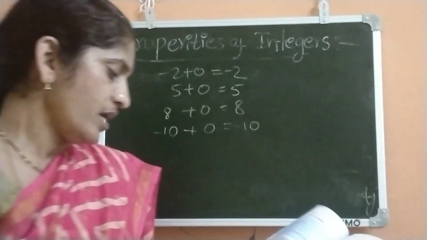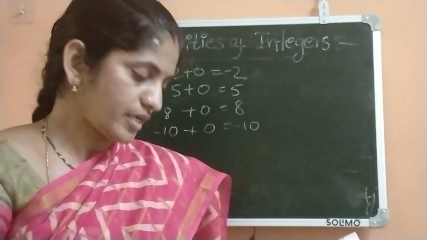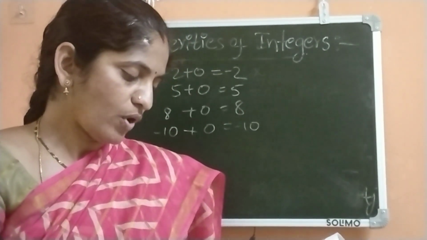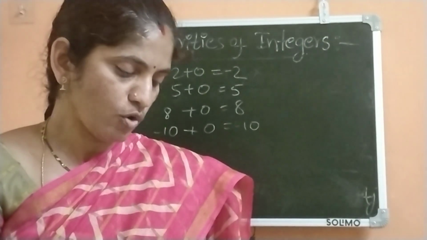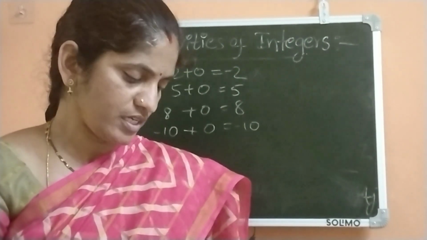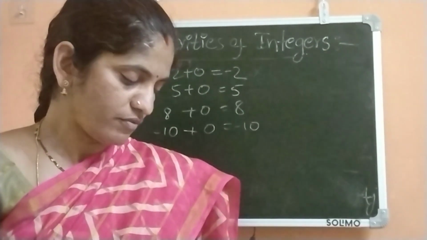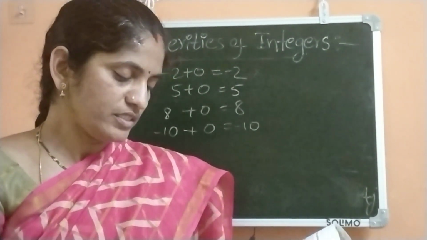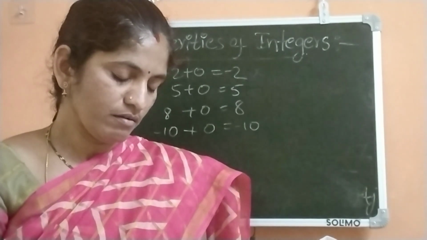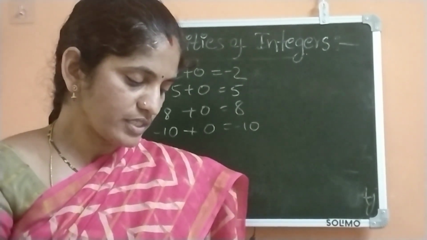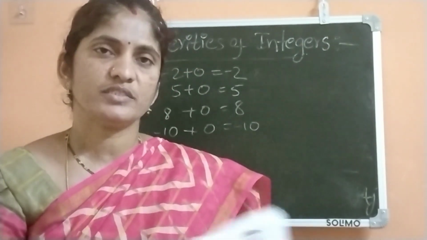They have given some examples. Complete the following, try this on page number 30. Like these questions they have given, please complete them. Similarly, when any whole number is added to 0, what will we get?